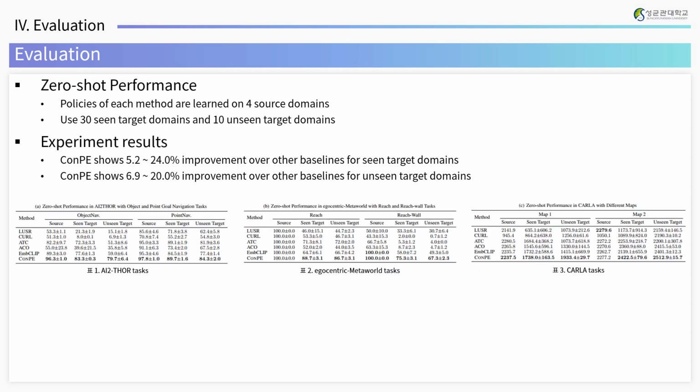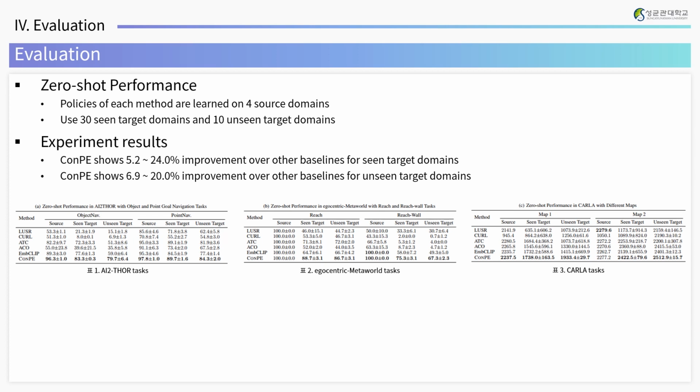And I will explain experiment results in zero-shot adaptation scenarios. In our zero-shot evaluations, we use target domains that can be categorized as either seen or unseen.